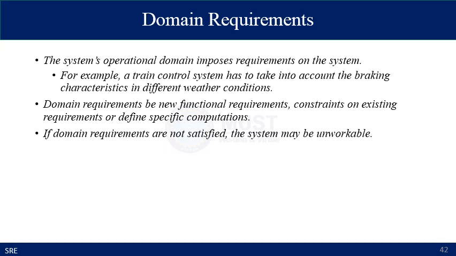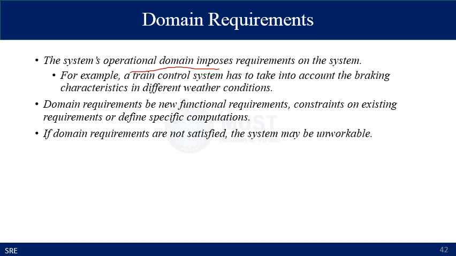Another form of requirement is the domain requirement, in which the system's operational domain imposes requirements on the system. For example, a train control system has to take into account the braking characteristics in different weather conditions. Similarly, domain requirements can be new functional requirements or constraints on the existing requirements, or they can define specific computations.